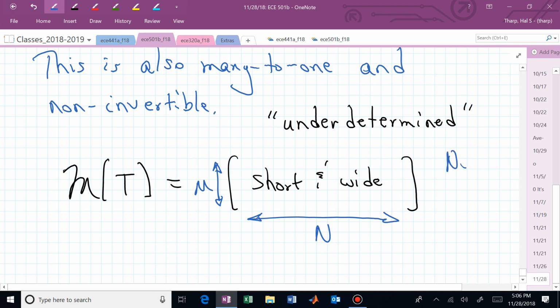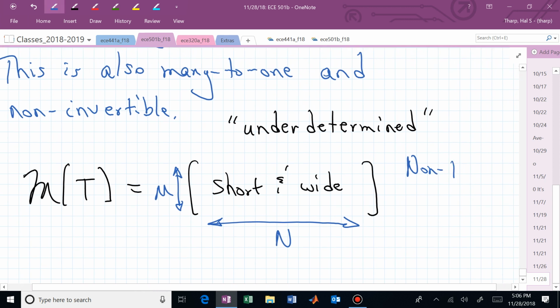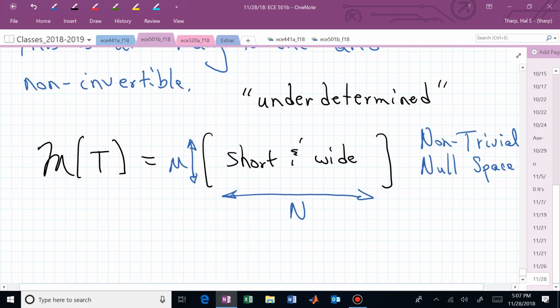So this is now a non-trivial null space. This means that we have dependent columns in that collection. We have many, many columns relative to how many rows we have.